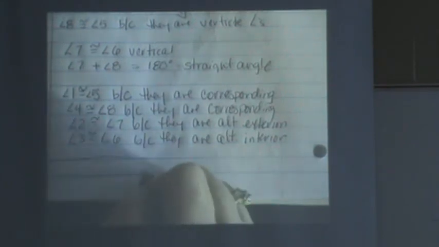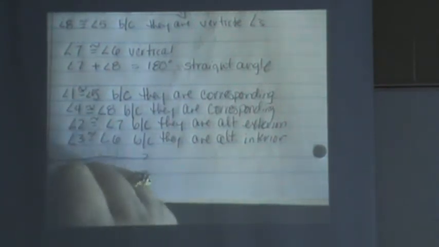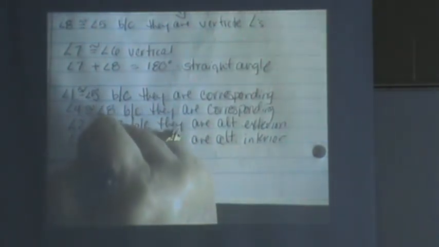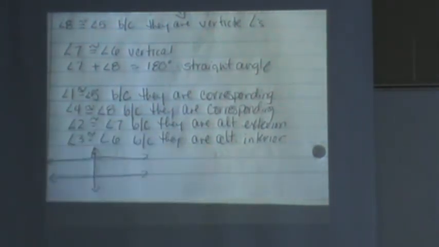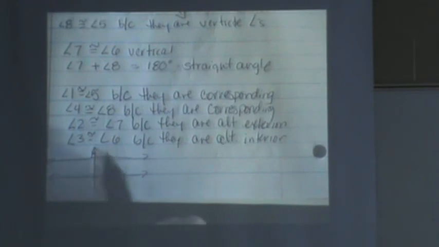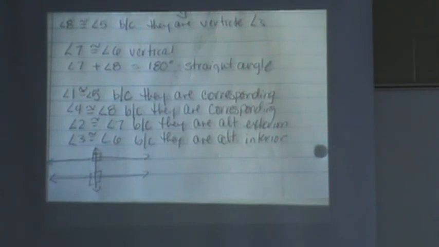If I have parallel lines cut by a transversal, and I know that this angle forms a right angle, what's the measure of all the other angles? They're all going to be right angles. For right now, that's what I want you to know about perpendicular lines.